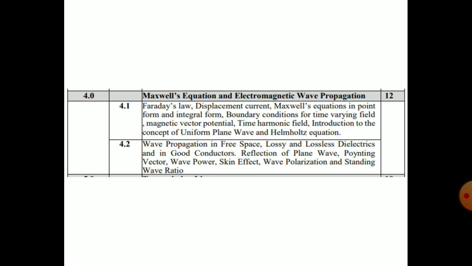The 4.2 part is totally different: the wave equation and plane wave equation we have to apply, using time varying equations, and we have to remove the static equations. That is the 4.2 part.